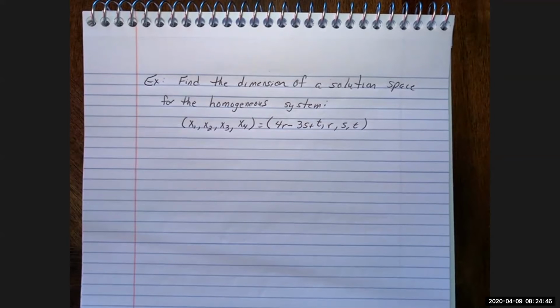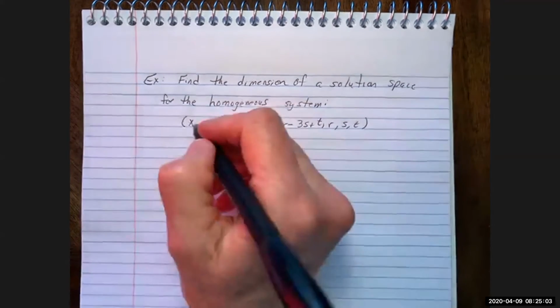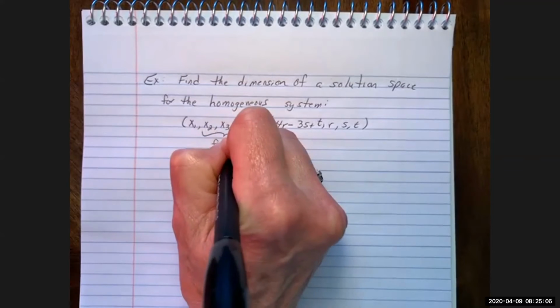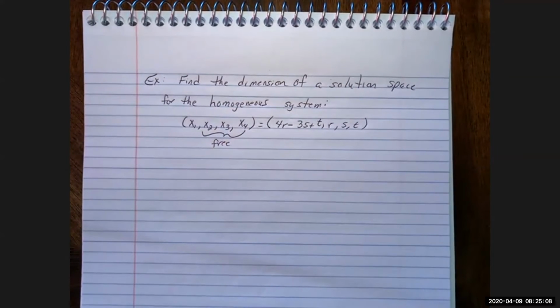This gives us the solution to a homogeneous system. And obviously, this is linearly dependent. You have x1 as a multiple of all the other three variables. In other words, x2, x3, and x4 are all free variables. x1 is the only one that's a leading variable.